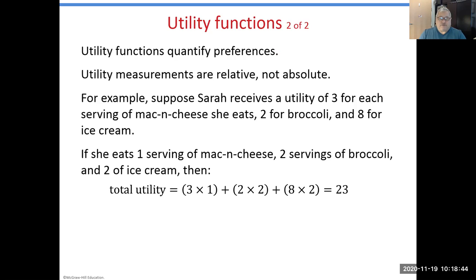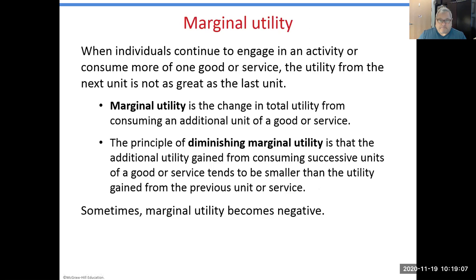So if she consumes a bundle of goods that consists of 1 serving of mac and cheese, 2 servings of broccoli, and 2 servings of ice cream, her total utility would multiply these amounts of 1, 2, and 2 units of each by the 3, 2, and 8 units of utility per item, totaling a total utility of 23.